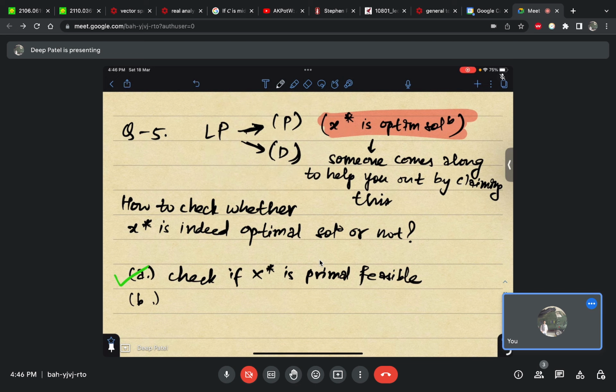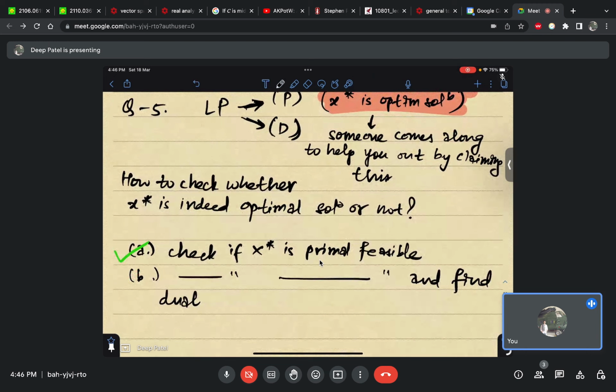What do you mean? So check feasibility and do something, right? You said that apart from feasibility, we need to do something else. What you are saying is correct. Apart from checking the feasibility of X star, I need to see that this X star and some dual feasible point Y are such that complementary slackness holds.